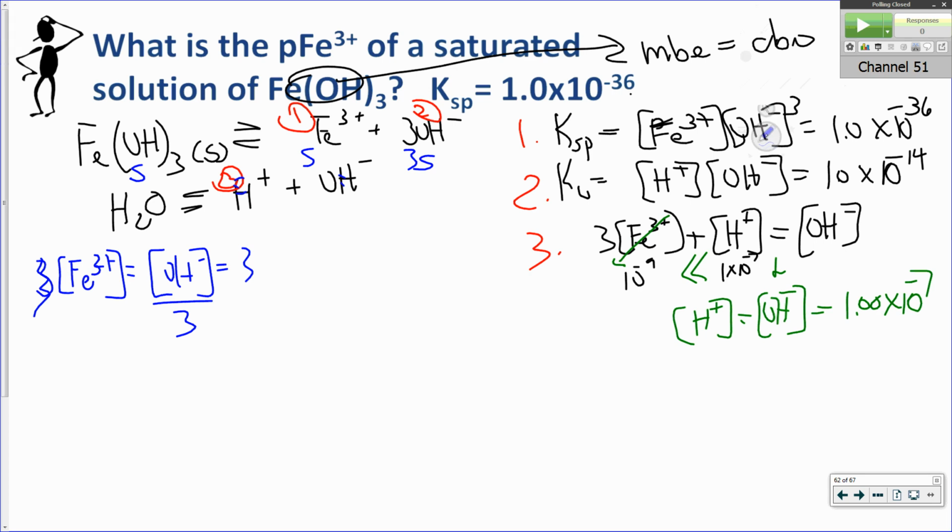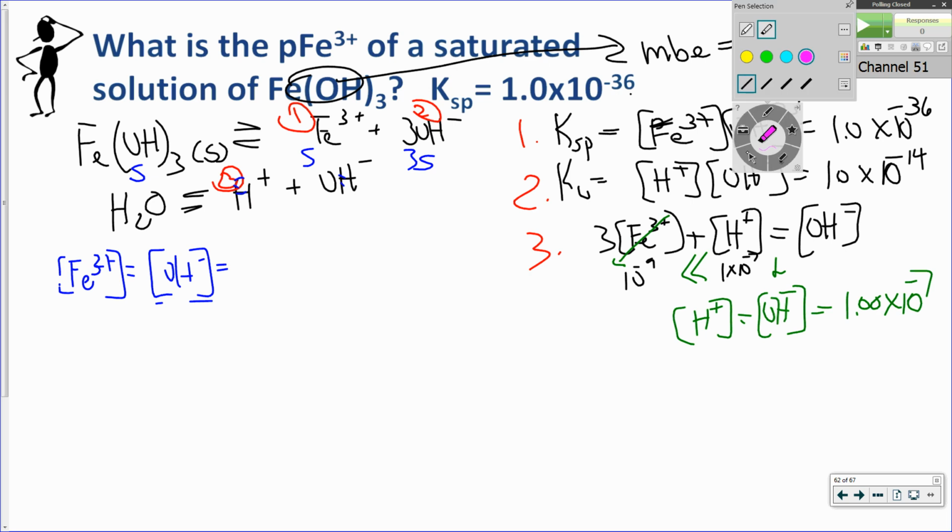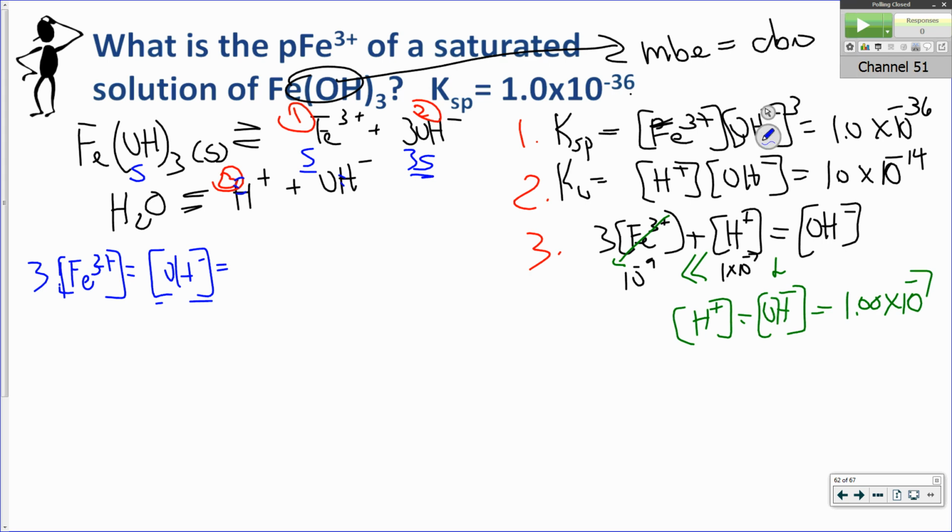Let me not confuse you here. Let me take this stepwise. Leave that there. I don't want to take shortcuts y'all don't see. Okay, so this is from the statement above. It's 3 times the hydroxide's 3 times the iron. Okay, so that means the iron is 1/3 of the hydroxide.